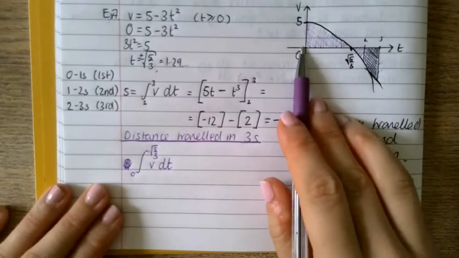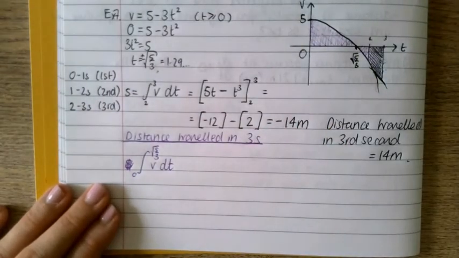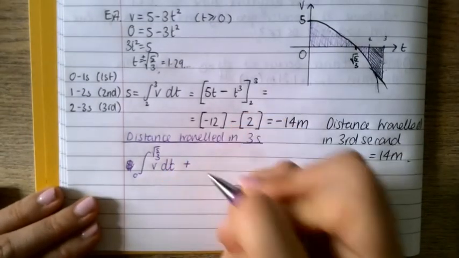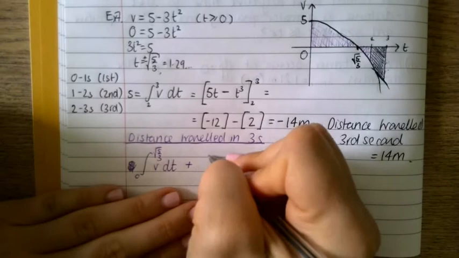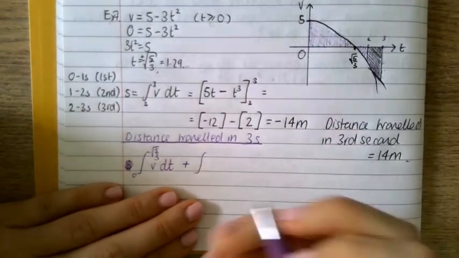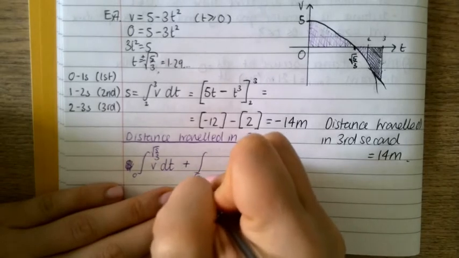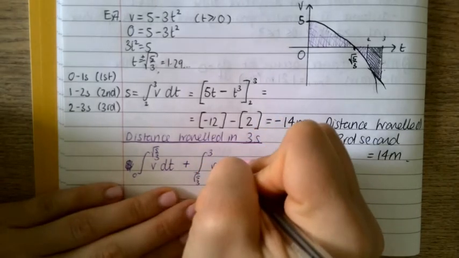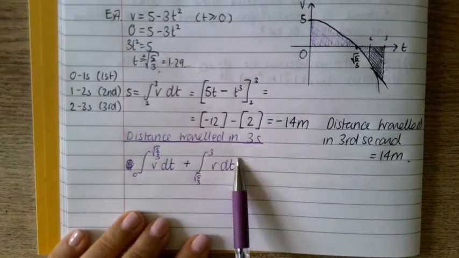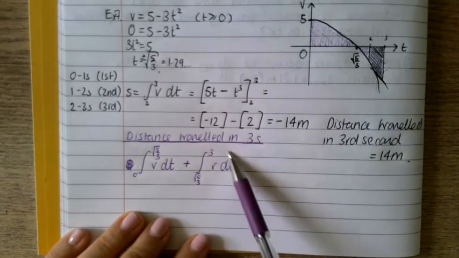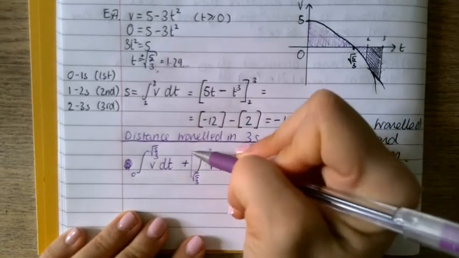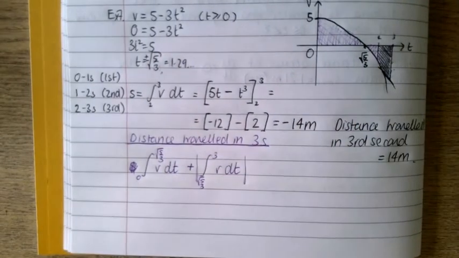And that's going to give me this area. And then I'm going to add that to the integral between root 5 over 3 and 3. But remember, this is going to turn out to be negative. This is going to be a negative area, so I need to make it positive. So I'm going to find the magnitude of that. Okay?